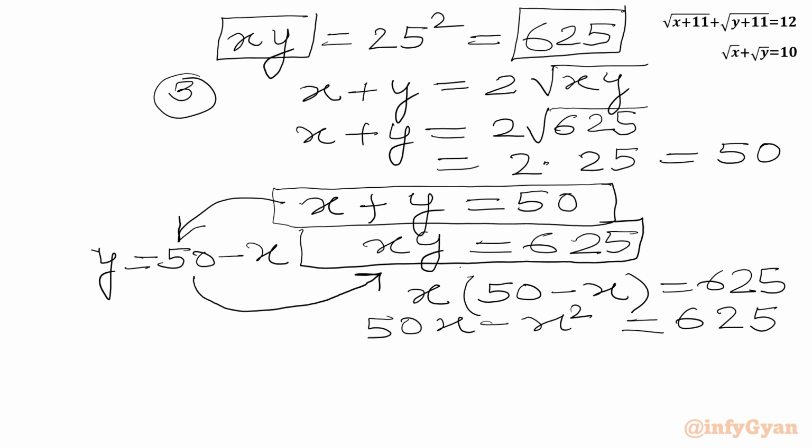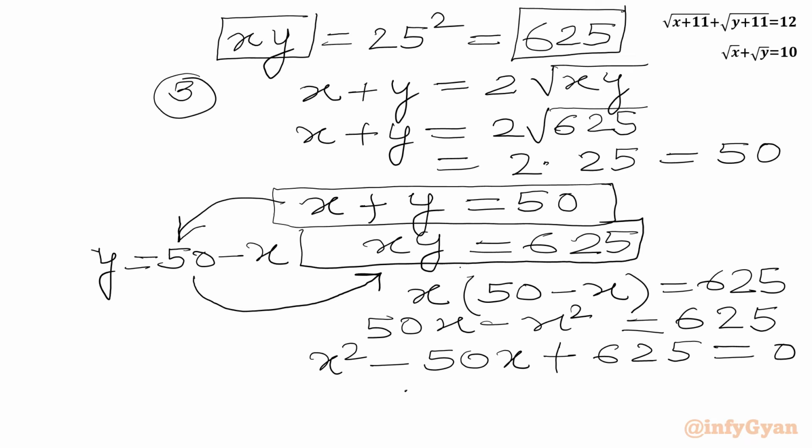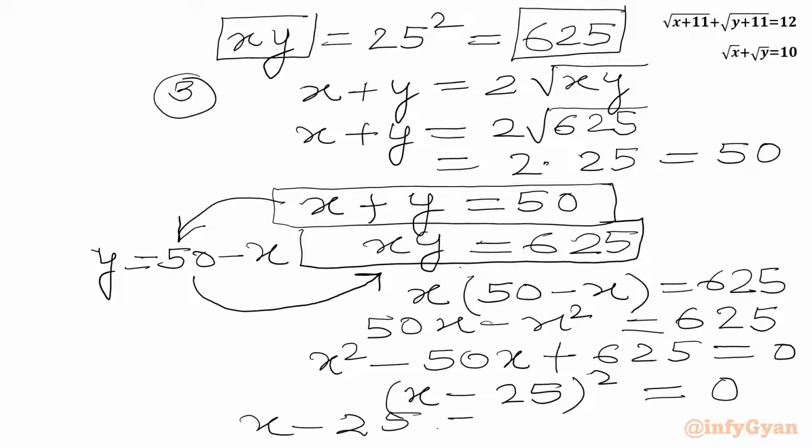By writing all the terms to RHS, we will get one quadratic equation, x² minus 50x plus 625 equal to 0. Now LHS is perfect square of (x minus 25). RHS is 0. So from here we can write x minus 25 equal to 0. So x will be equal to 25.